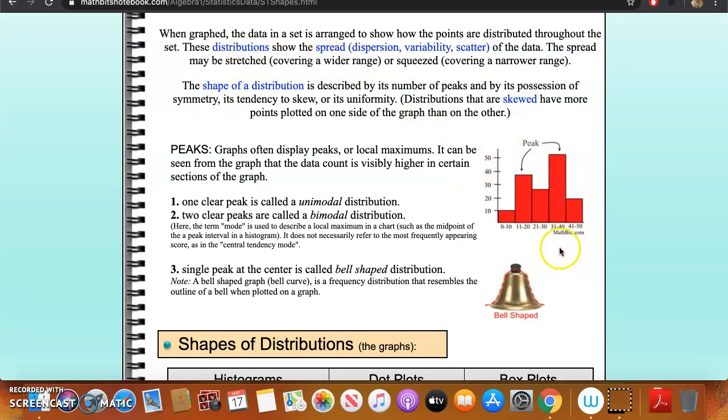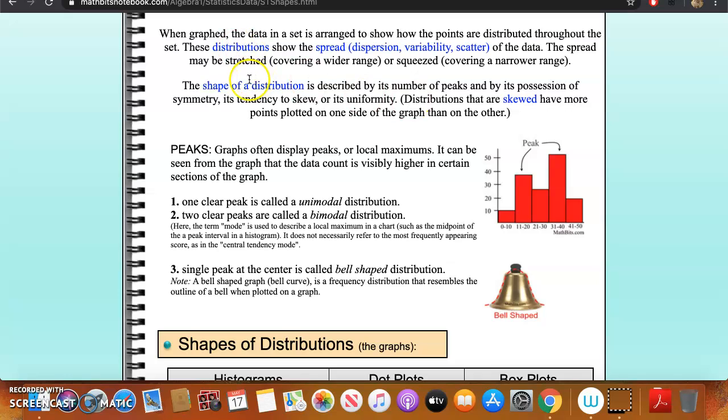What's the spread of this data? When we talk about spread, we also look at what's called dispersion, variability, and scatter of the data. We're going to get into that in much more detail as we go, but for now, we just want a general idea of this thing called spread.